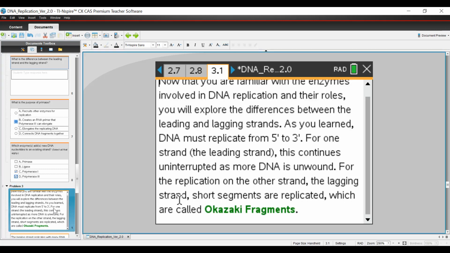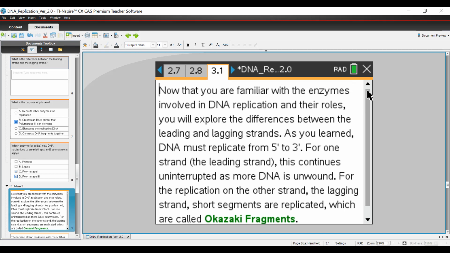Okay. All right, now that you're familiar with the enzymes involved in DNA replication and their roles, you'll explore the differences between the leading and lagging strands. As you learned, DNA must replicate from 5' to 3' for one strand. The leading strand continues uninterrupted as more DNA is unwound. For the replication on the other strand, we know that's called the lagging strand.